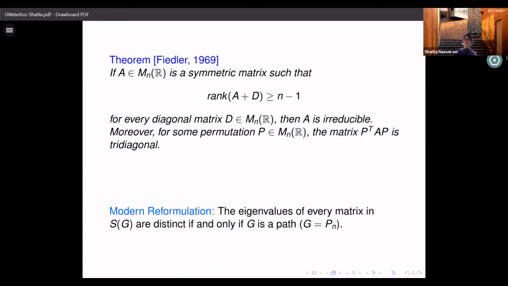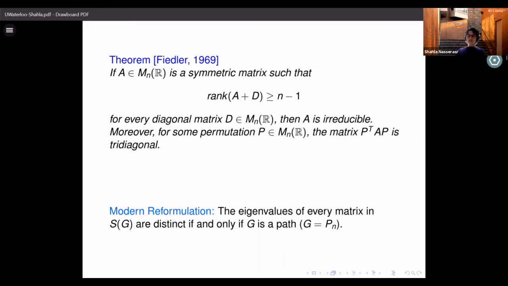That tells us that the eigenvalues of every matrix in S of G are distinct if and only if G is a path on n vertices. So the inverse eigenvalue problem is completely solved for paths.